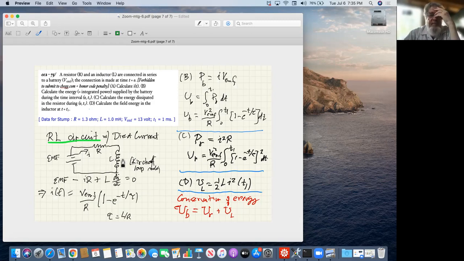And the Kirchhoff loop rule says that if you calculate the change in potential as you go around the loop, the change in potential across the battery is equal to EMF, minus the change in potential across the resistor, which is minus IR. Well, it's plus the change of potential, which is negative, and then plus the change of potential across the inductor, which is L di/dt. Back EMF.